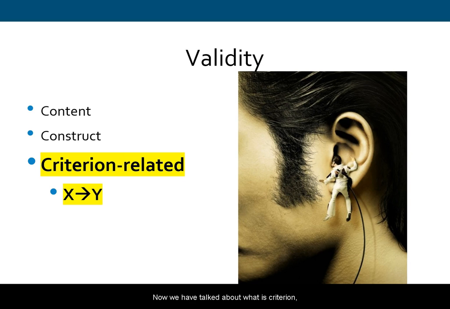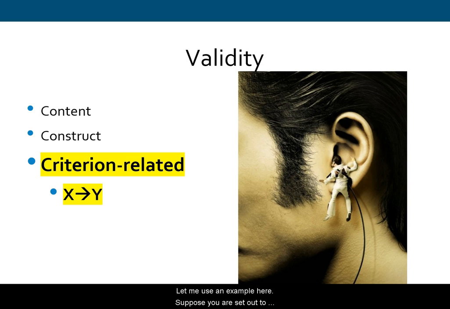Now we have talked about what is criterion. Let's move on to criterion-related validity. Criterion-related validity is making sure there is a strong relationship between what you are measuring now and your goal. So your X will lead to your Y. Let me use an example here.